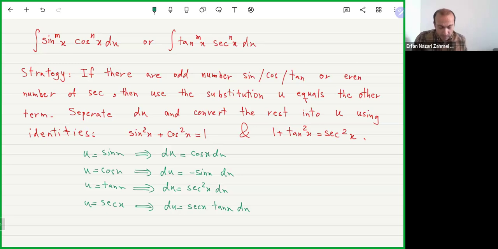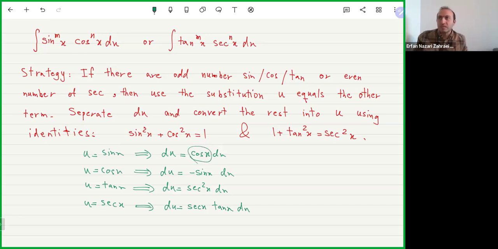So if this substitution is going to work, I need to separate du and convert everything else into u. What is u in the first case? It's sine. So I need to separate one cosine and convert the rest into sine. The rest, to be convertible to sine, needs to be an even number of cosine.